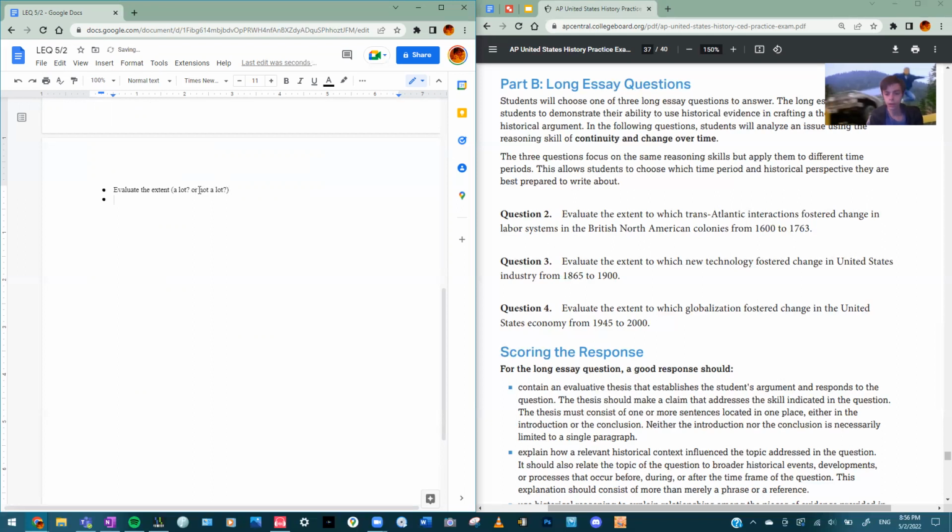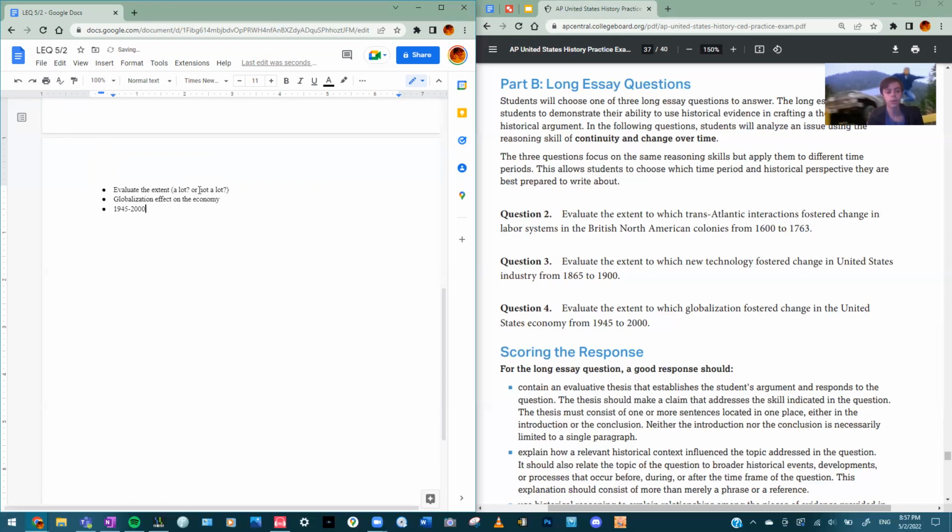The next thing that I would underline is globalization, because what are we looking at? What are we evaluating the extent of? And it's the globalization effect on the economy. You have to make sure you know what it's asking so that you don't accidentally write an essay about the wrong thing. The last thing I would underline is the time period.